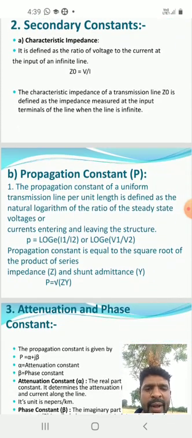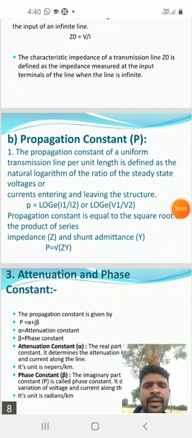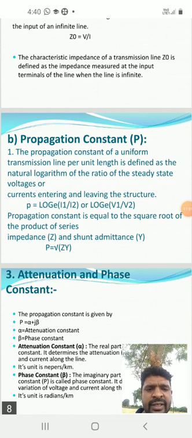Next, propagation constant P. The propagation constant of a uniform transmission line for unit length is defined as the natural logarithm of the ratio of steady state voltages or currents entering and leaving the structure.